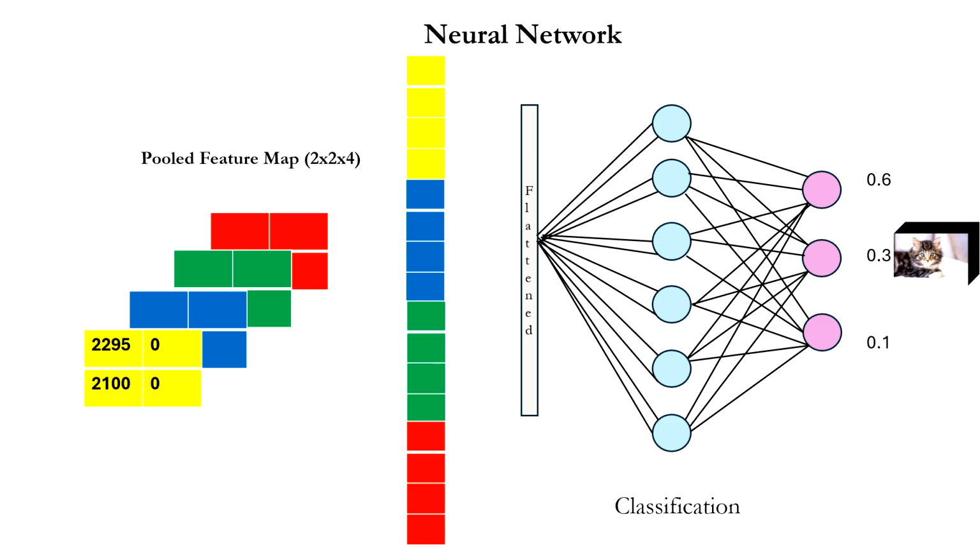Because this unrolling process follows a strict unvarying sequence every single time, top left to bottom right, color channel by color channel, the relative positioning and organization of the extracted features are perfectly locked in. The final classification layer relies completely on this exact preserved order to know which numbers represent the ears, the eyes, or the background, for example.